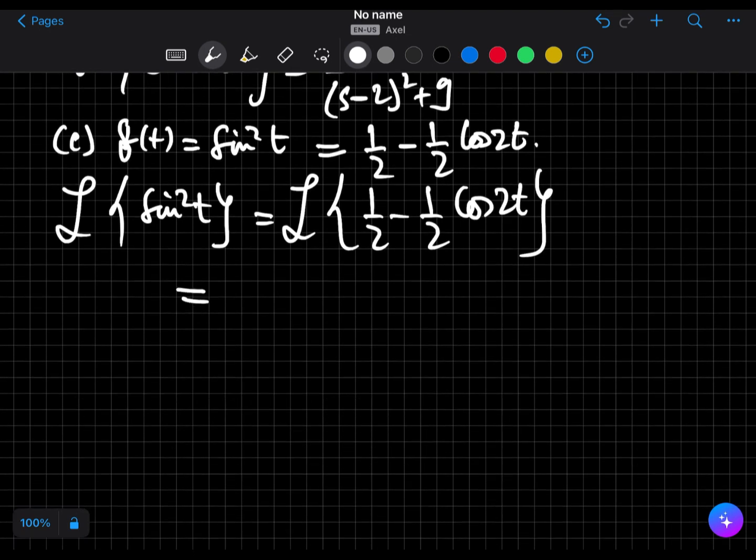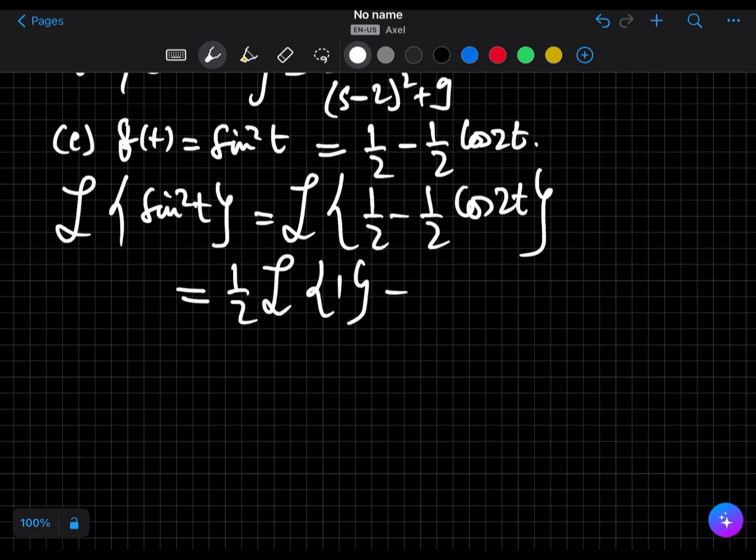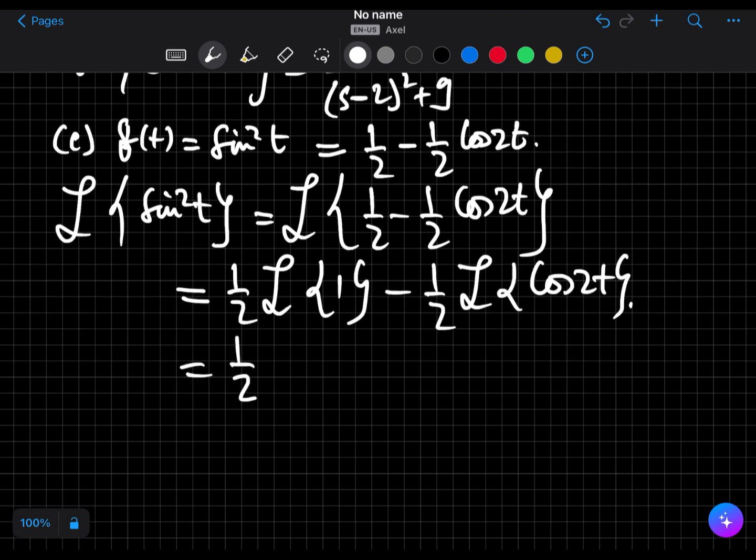Using the linearity of the Laplace transform, this is half times the Laplace transform of 1, which is 1 over s, minus half times the Laplace transform of cos 2t, which is s over s squared plus 2 squared.